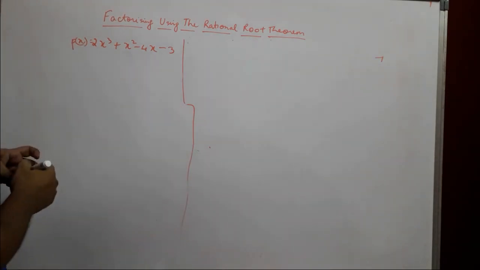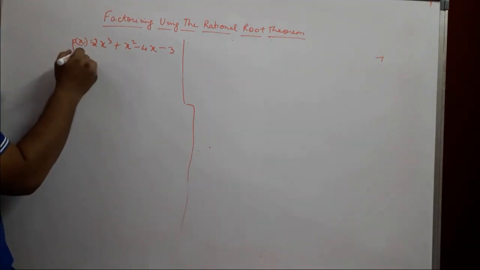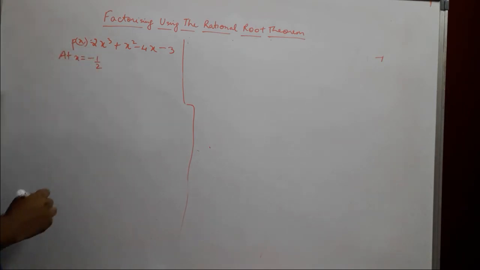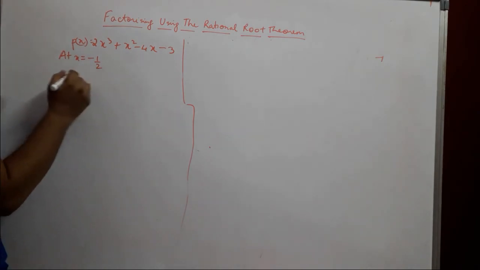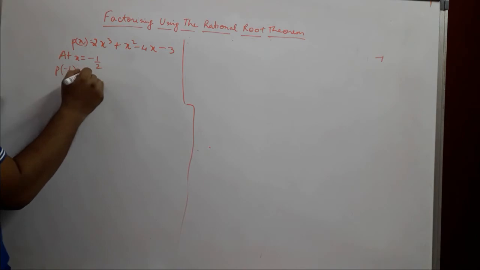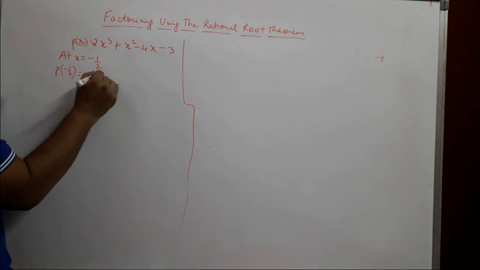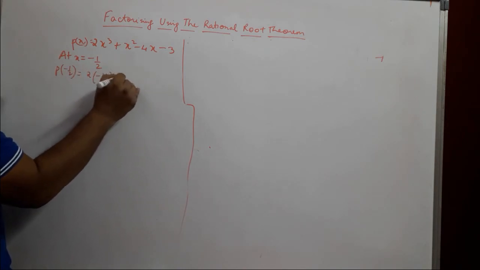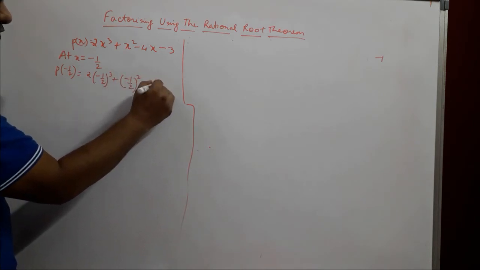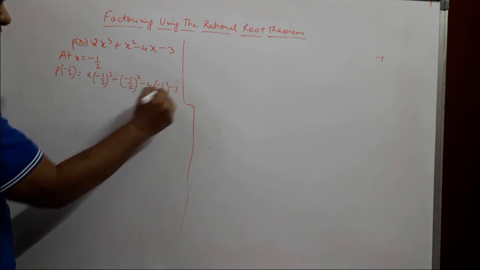So next we check at x equal to minus half. At x equal to minus half, what do we get? P of minus half is equal to 2 into minus half whole cube plus minus half whole square minus 4 into minus half minus 3.